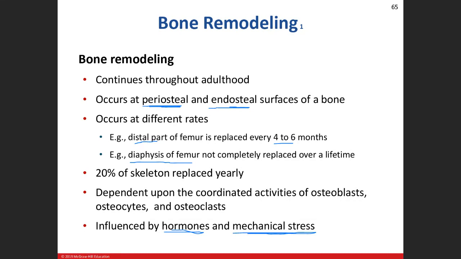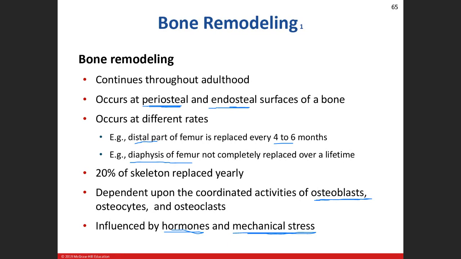But it's very thick. If you've ever seen an actual femur, if you ever got a chance to cut it in half, the cortex, that cortical bone, that hard outer part, is so thick. It's very difficult to snap that in a healthy individual. So when we're talking about bone remodeling, it involves the bone building cells.